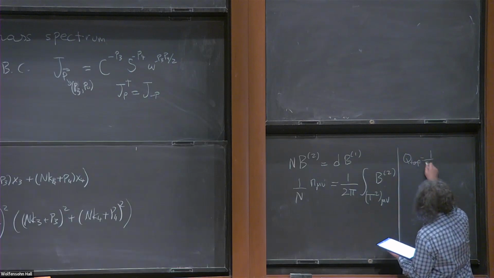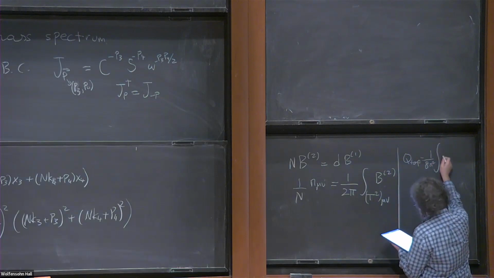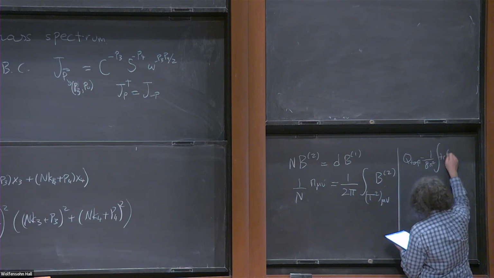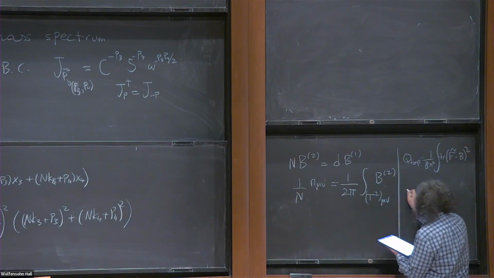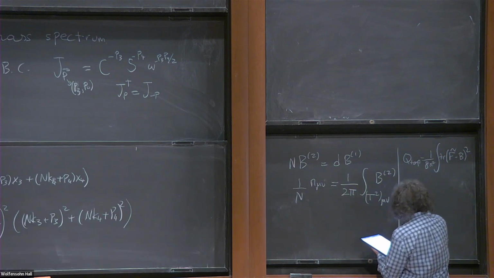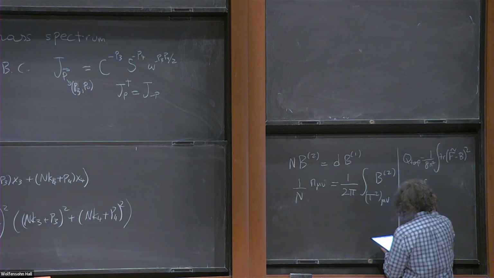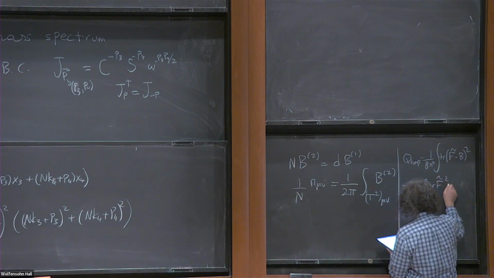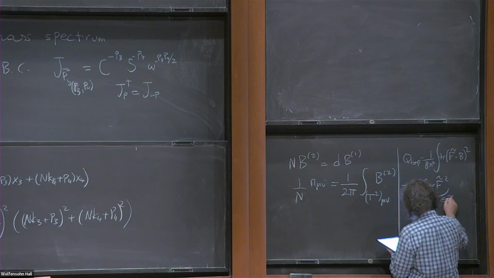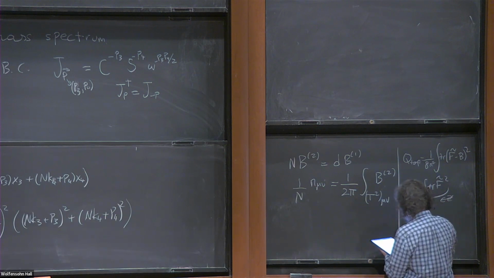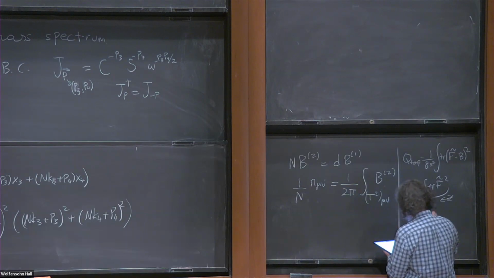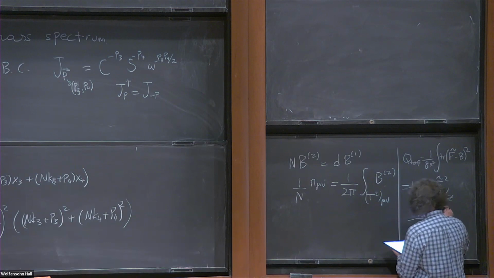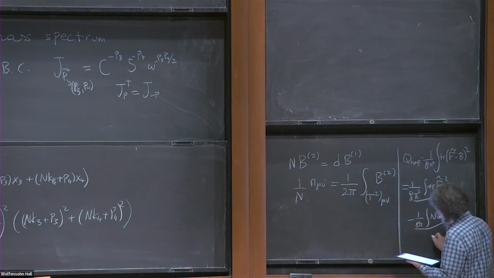The topological charge is modified as follows. Topological charge is 1 over 8 pi square, integral trace F tilde squared, where F tilde is now the U(N) field minus B. This part is an integer, and the rest becomes minus 1 over 8 pi square, integral of B squared.